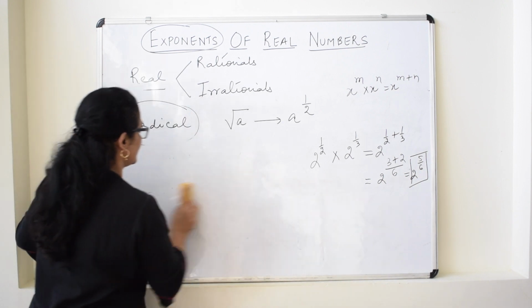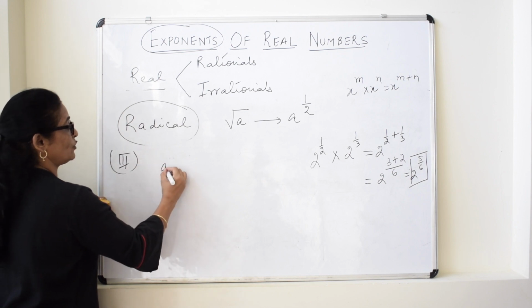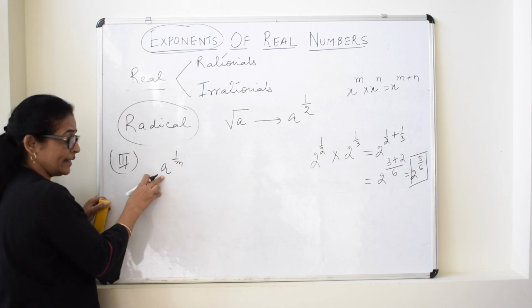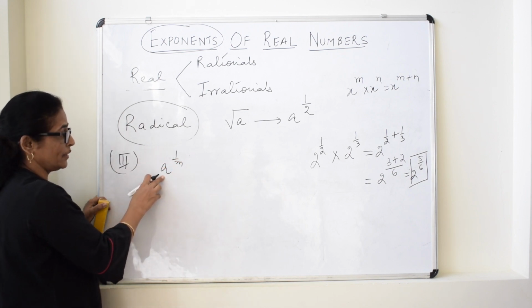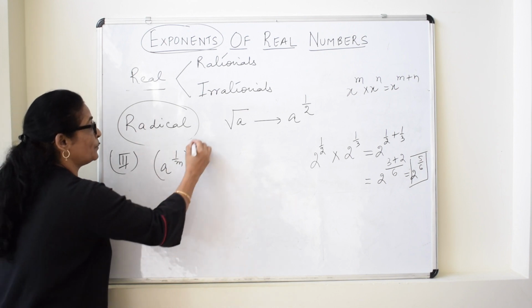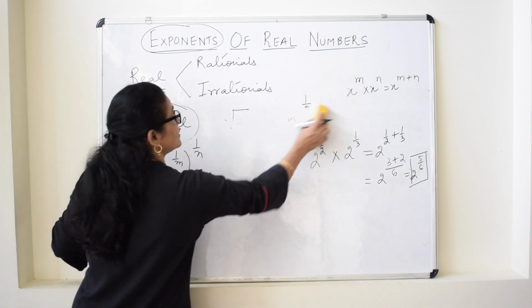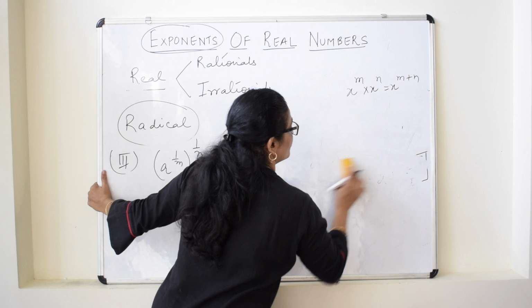The third law says when it is power to the power, a to the power of 1 upon m, where a is a positive real number, 1 upon m is a rational number, power to the power, another rational number. It is the same as the third law of indices.